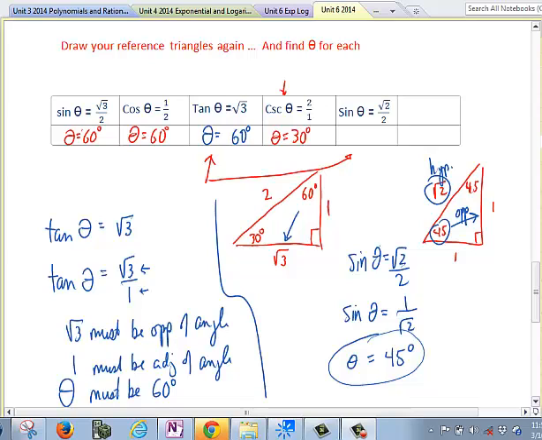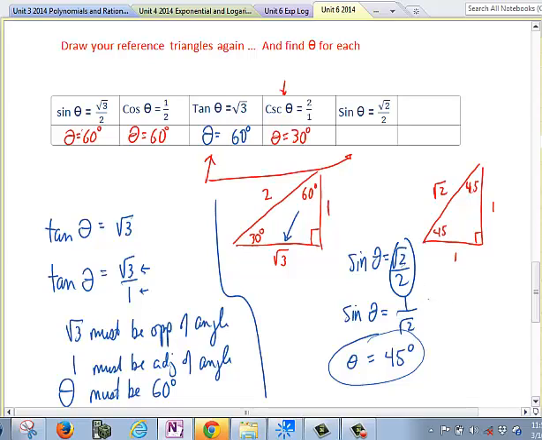In the next question, we have the sine of theta equals root 2 over 2, which tells us that the opposite side must be root 2 and the hypotenuse must be 2. But what we have in this triangle is not written like that. So what we have to do is simplify this ratio, or at least recognize that this is root 2 over 2 that's been rationalized.